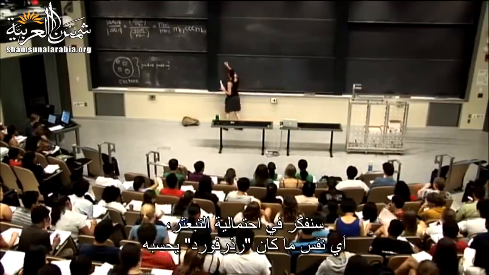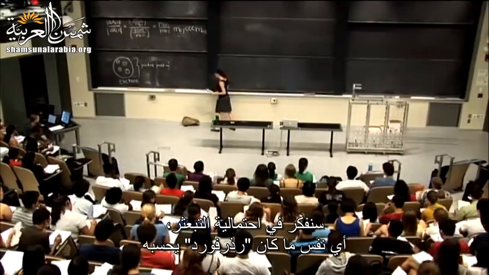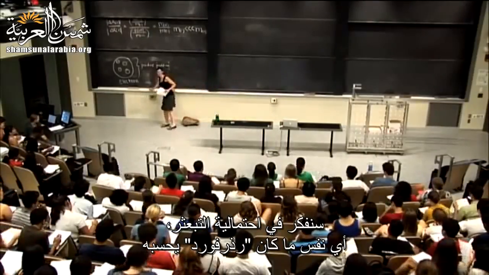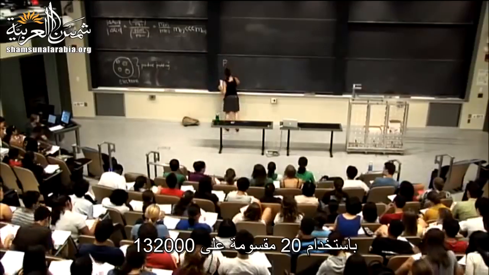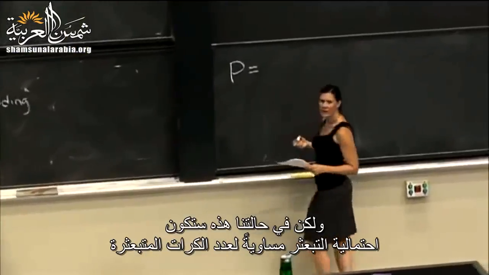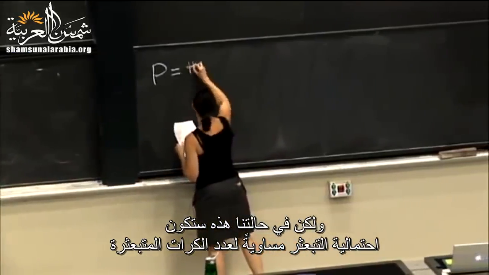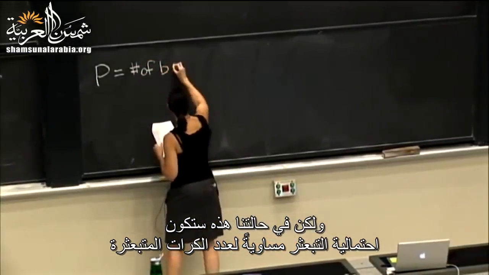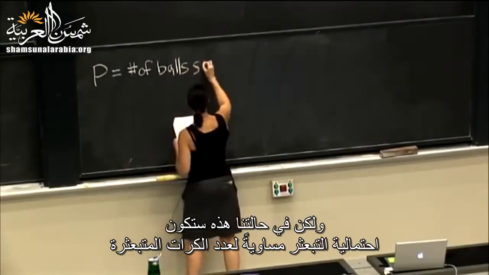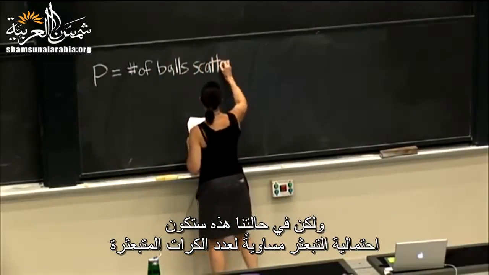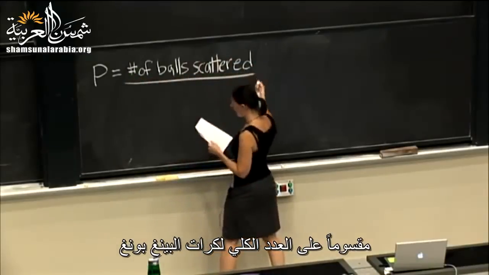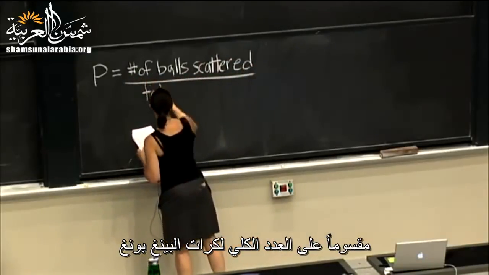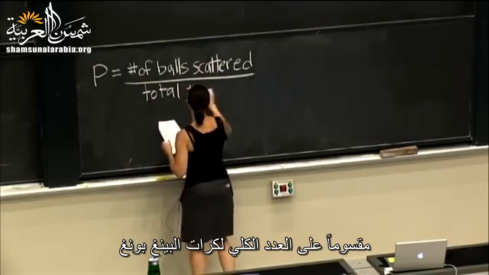So if we think about the probability of backscattering, which is the exact same thing that we saw Rutherford calculate using the 20 divided by 132,000, but in our case, the probability of backscattering is going to be the number of balls that backscatter. And that's going to be divided by the total number of ping pong balls.